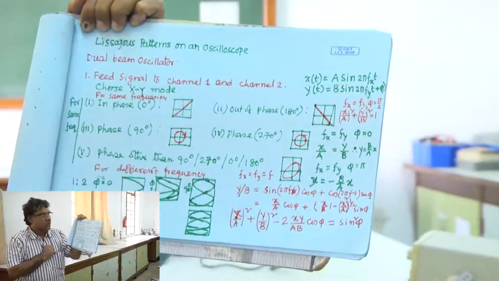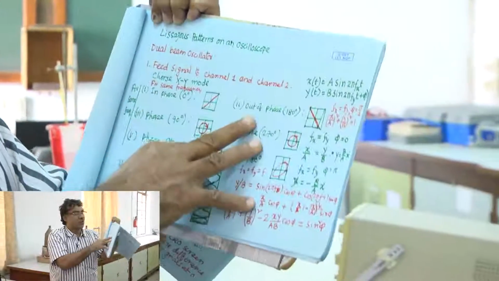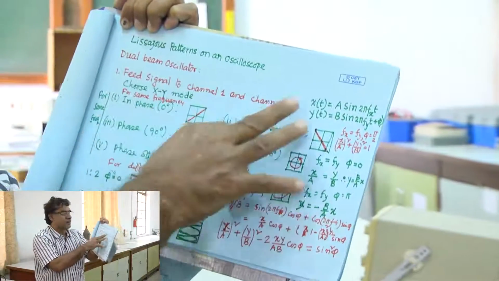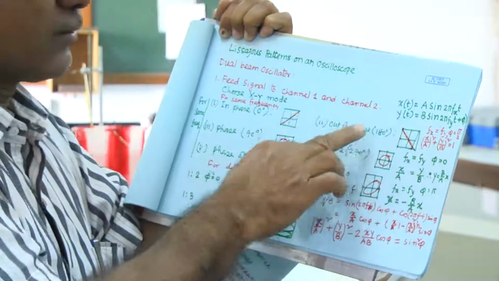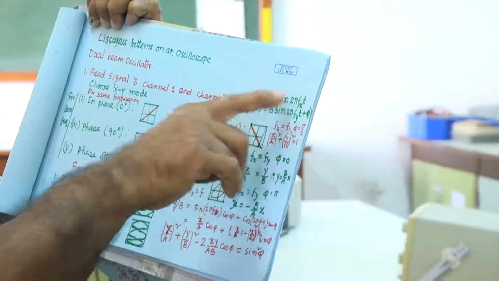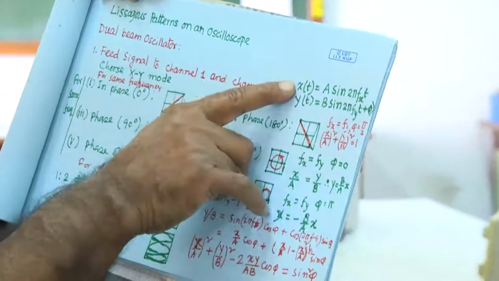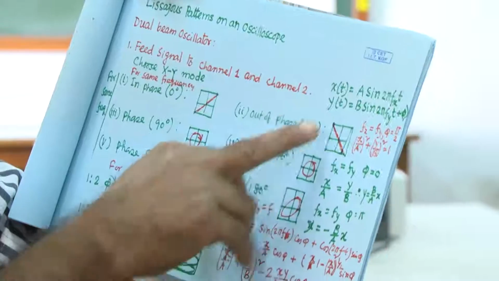Now when we put this signal to channel 1, it shows how the voltage is varying with time, V versus t.